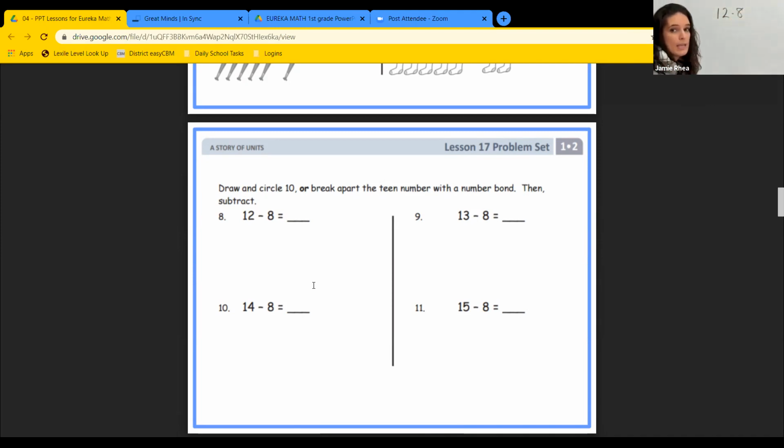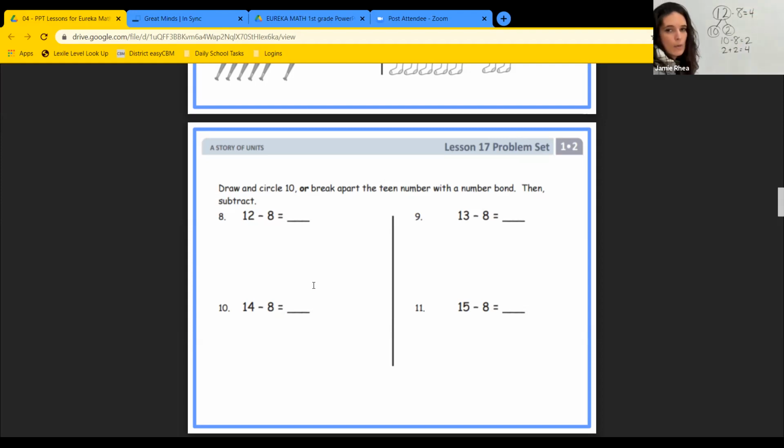If I'm going to break it apart with a number bond, I'm going to break it apart to 10 and 2. Then I'm going to take 8 from 10. Then I'm going to add what I have left. I've got my 2 and my 2. So 12 minus 8 equals 4.